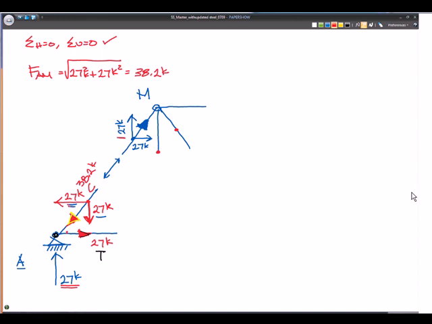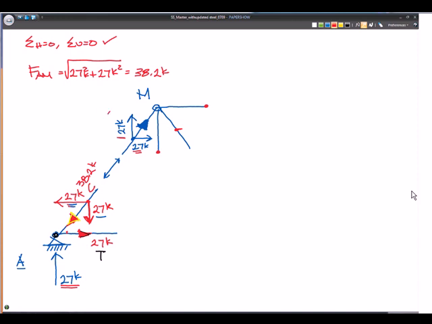We don't know what percentage goes to each member. So let's try the horizontal. We have 27 kips to the right. The diagonal member can resist horizontal forces, and so can the horizontal member. So again, we cannot solve joint M at this point. We have too many unknowns for the number of equations.